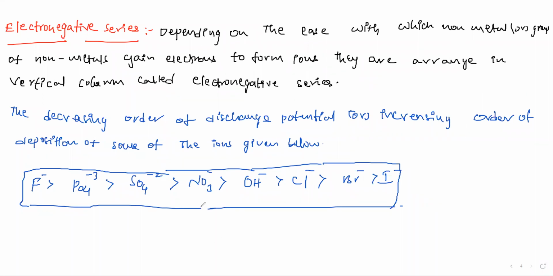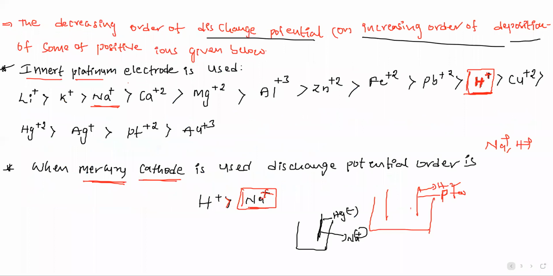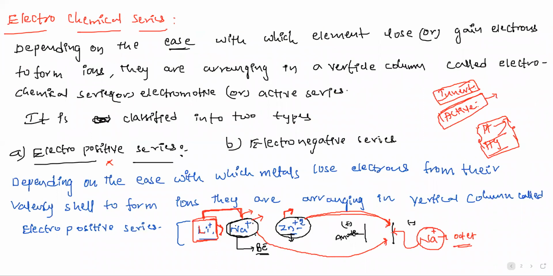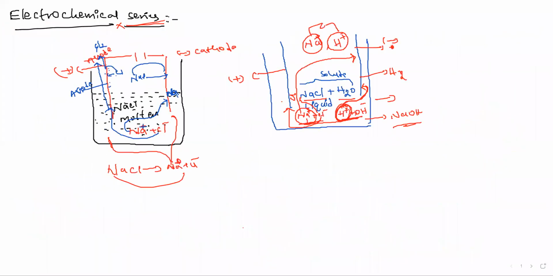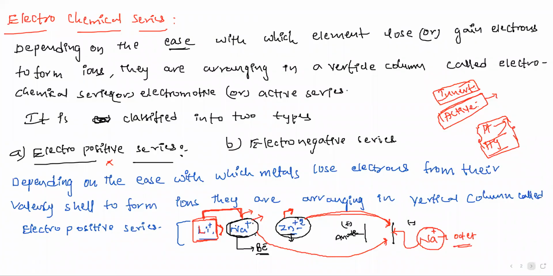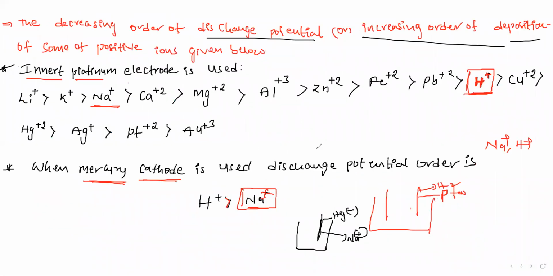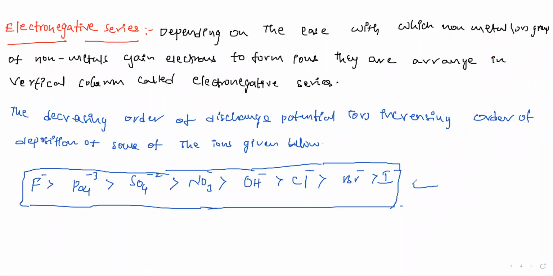And the remaining general conditions I will discuss tomorrow. Today we discussed only the electropositive series and electronegative series, discharge potential, decreasing of discharge potential or increasing of deposition. This is the electropositive series and this one is the electronegative series.